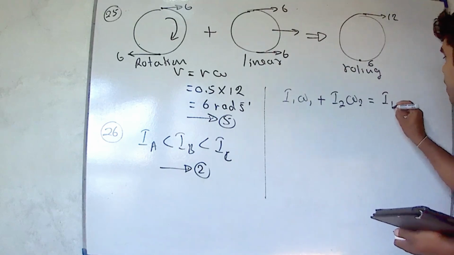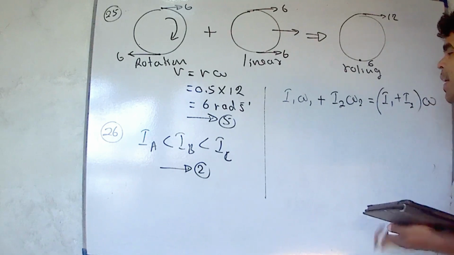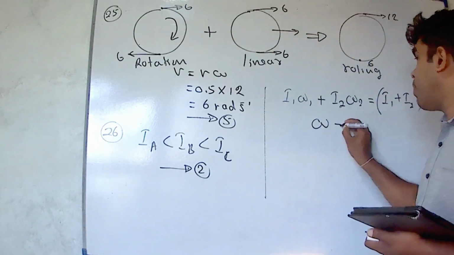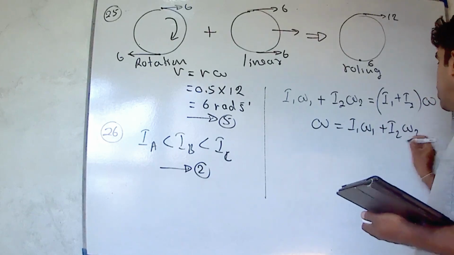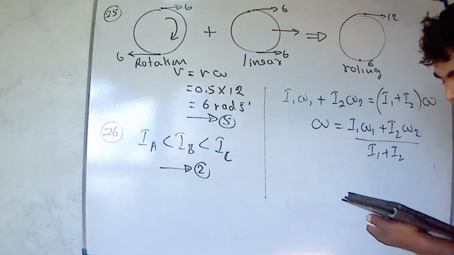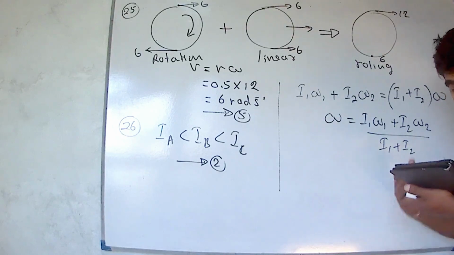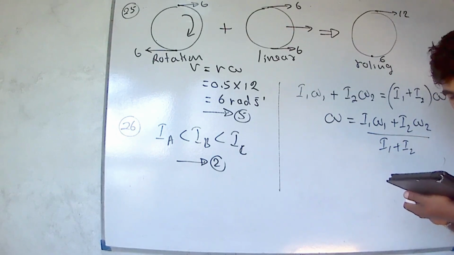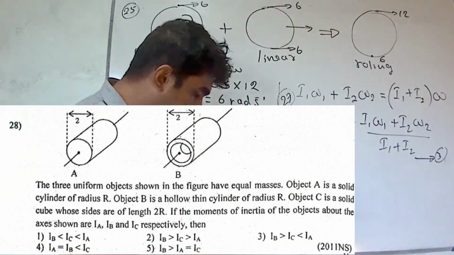Therefore, the total moment of inertia is I1 plus I2. We consider the common angular velocity as omega. Then we have to find omega: I1 omega 1 plus I2 omega 2, divided by I1 plus I2. It is the total angular velocity after the collision. That is the answer for question number 27. Then question number 28.